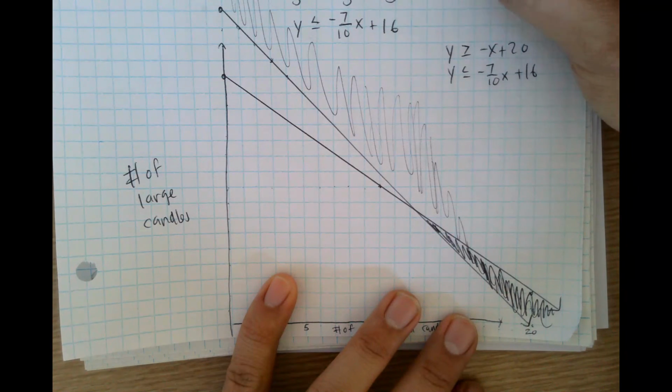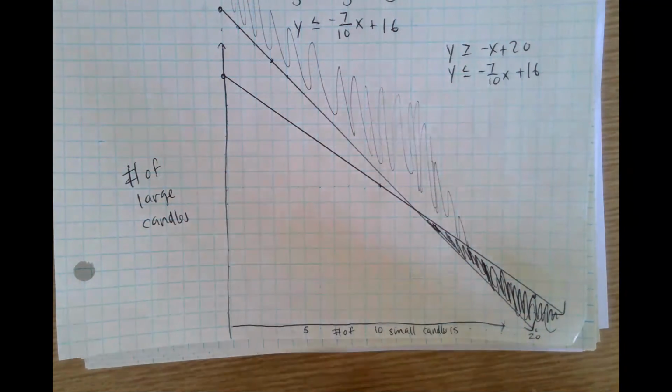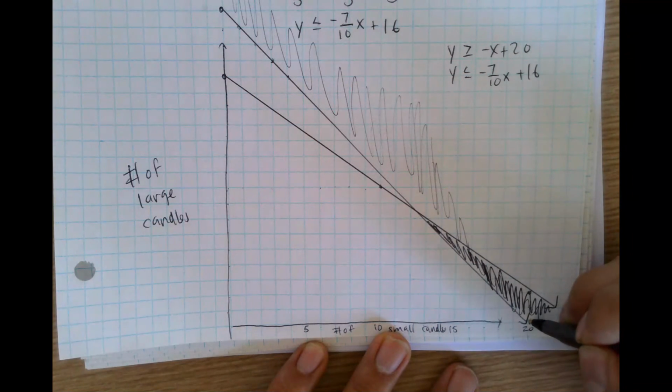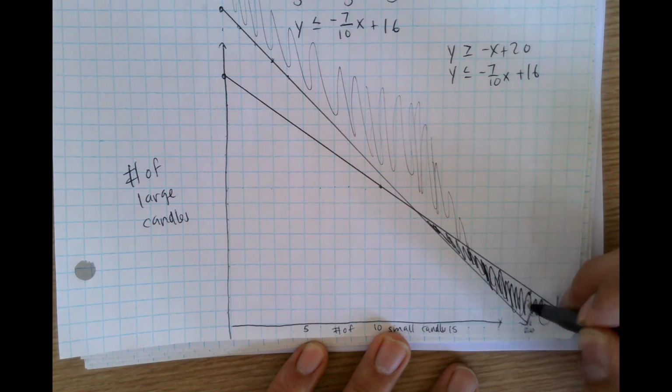In this case, again, you would go to 20 where the small candles are, and you would look at the shaded area, what y values are in the shaded area. Those are all possible solutions, okay?